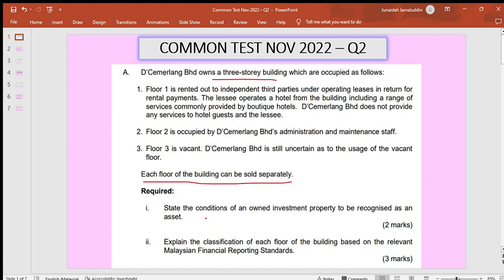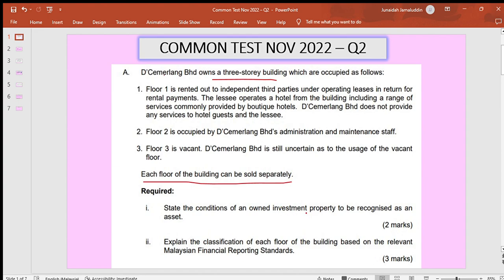Number 1, state the conditions of an owned investment property to be recognized as an asset. To answer this question, we have to relate our answer to the recognition criteria of an asset. Investment property can be recognized as an asset if it meets the recognition criteria.